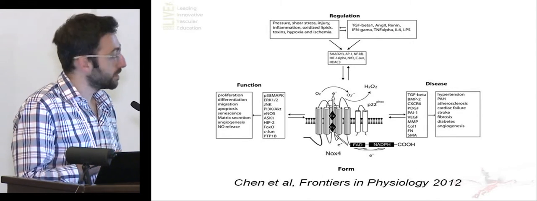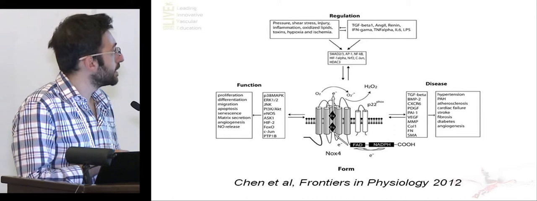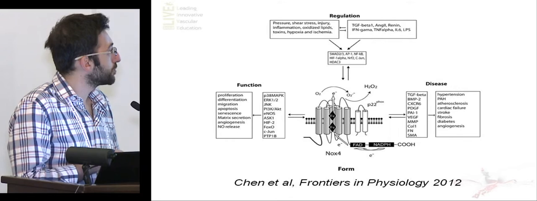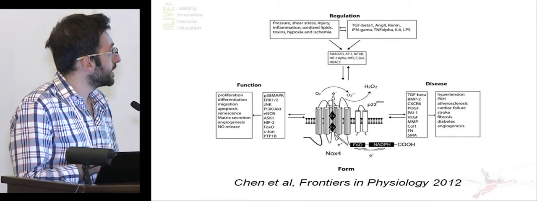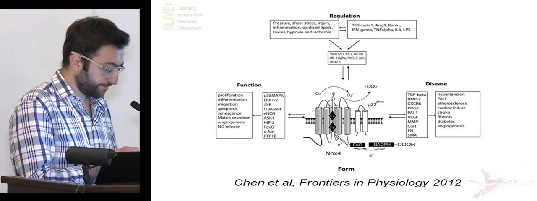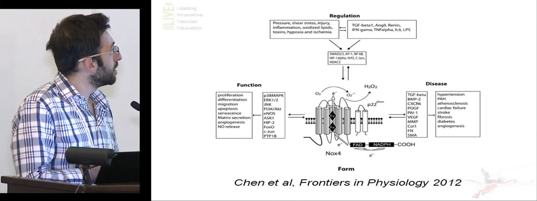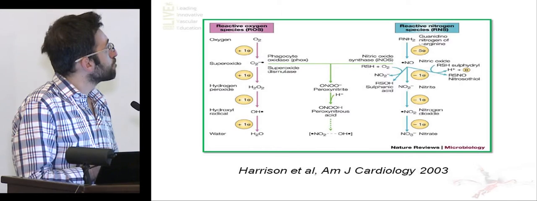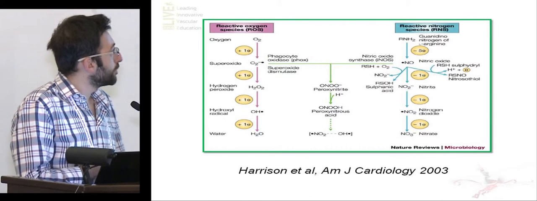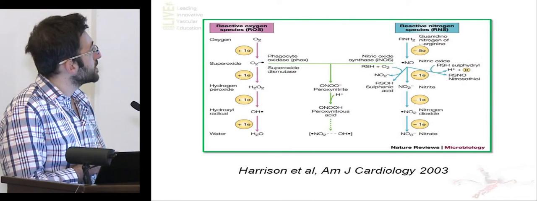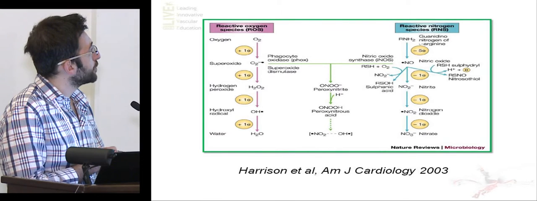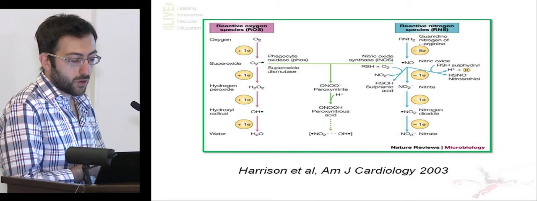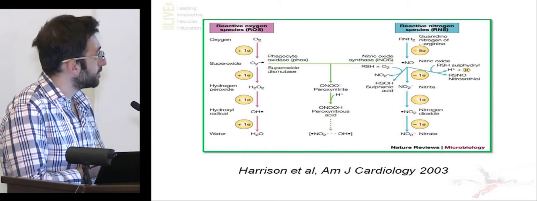NOx4 also plays an important role in different diseases: hypertension, atherosclerosis, cardiac failure, stroke, fibrosis, and regulates different other molecules. And also the role of iNOS, inducible NOS, in the production of different reactive oxygen species, which are very important in the development of oxidative stress.